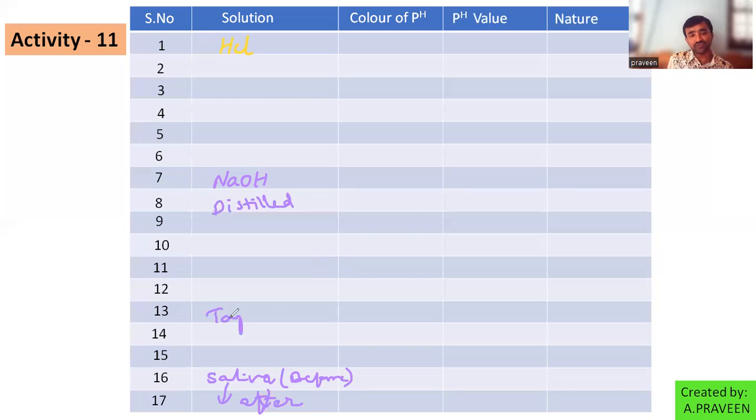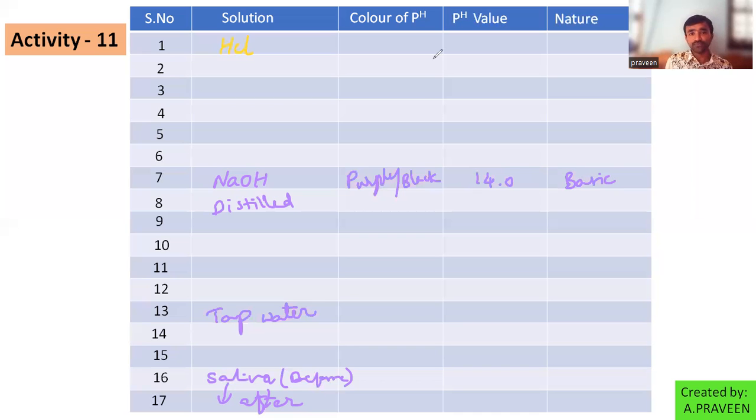So note down these values and remember them especially. NaOH gives purple or black color, its pH value is 14, and the nature is basic.